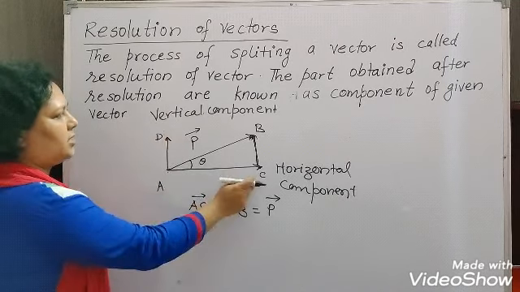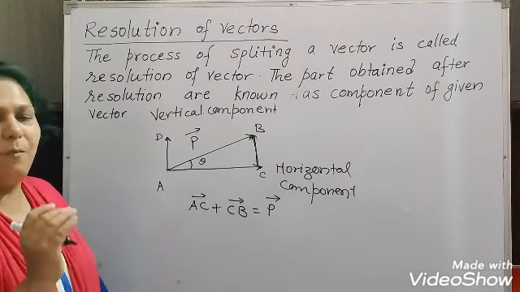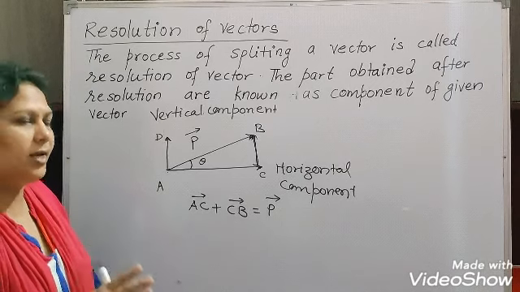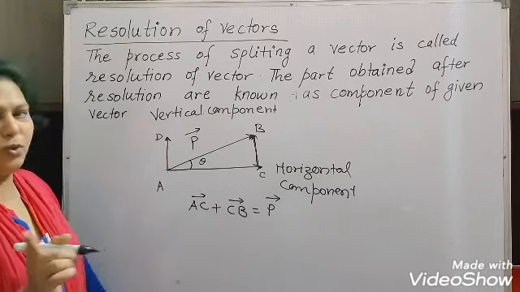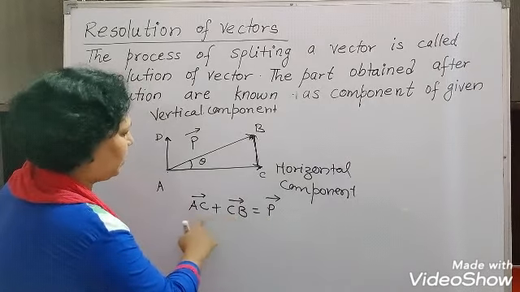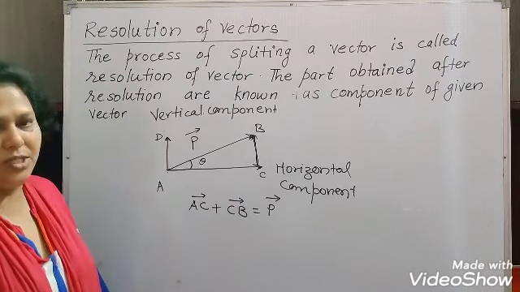So AD and CB represent the same vector because both are parallel and equal in length. Magnitude and direction both are equal. So the vector P is split into two components, vertical and horizontal.